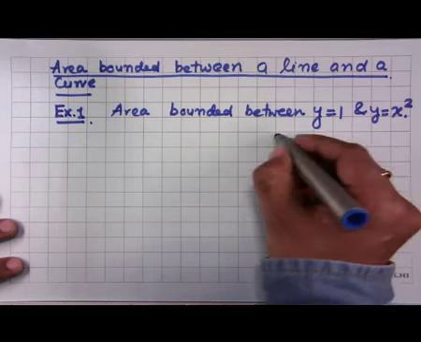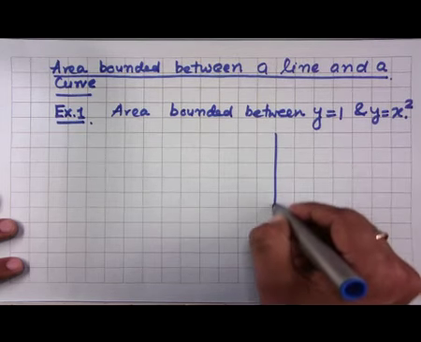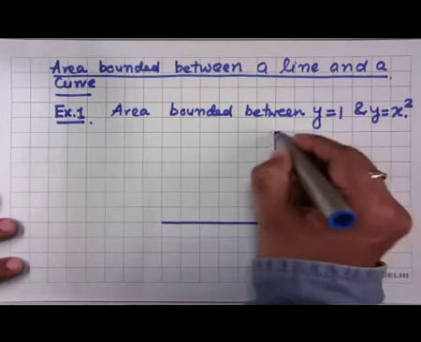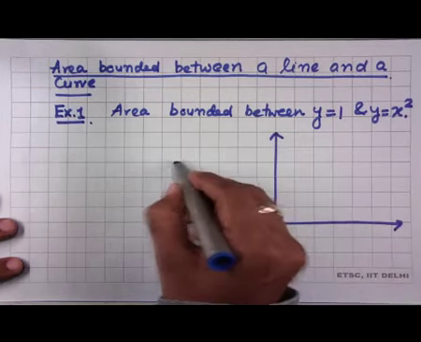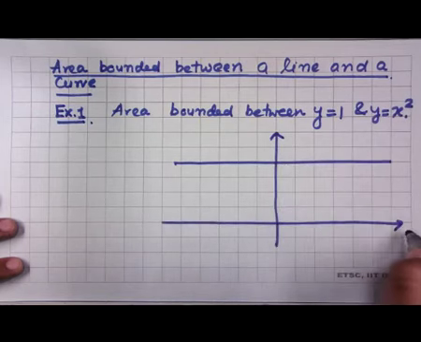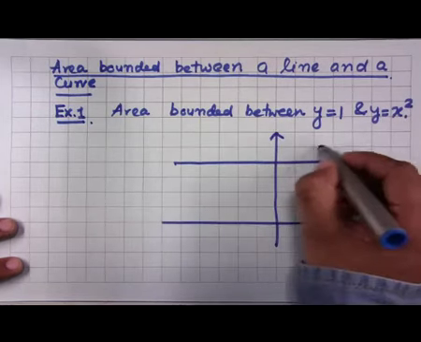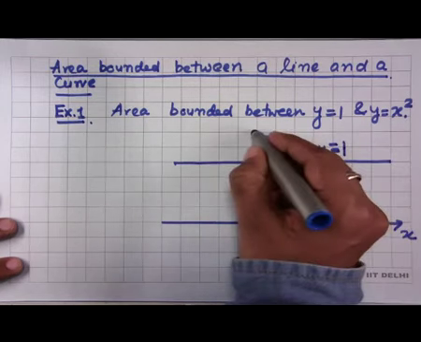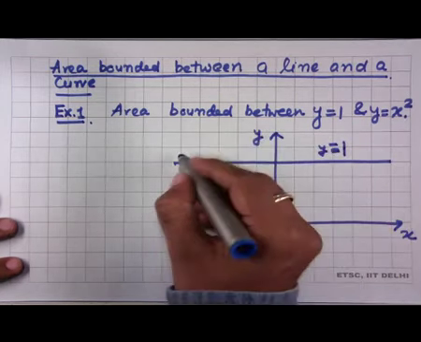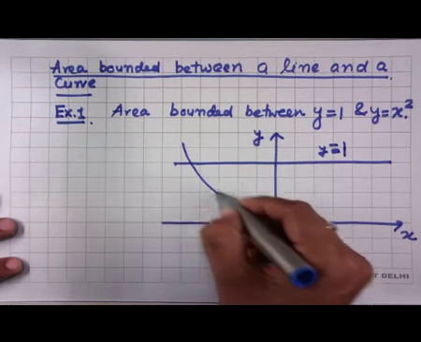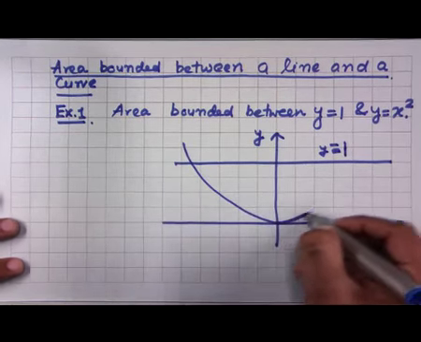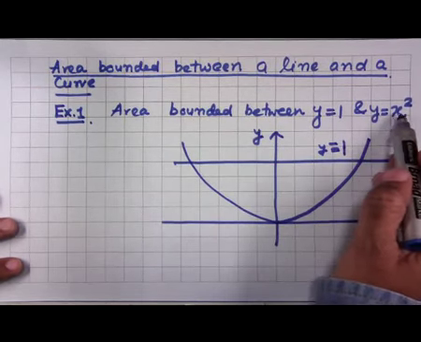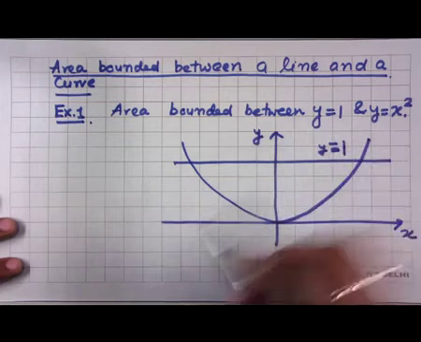So let us plot both of them first. So y equals to 1 is a horizontal line parallel to x axis, and y equals to x square is parabola whose vertex is 0 0 and axis is y axis.